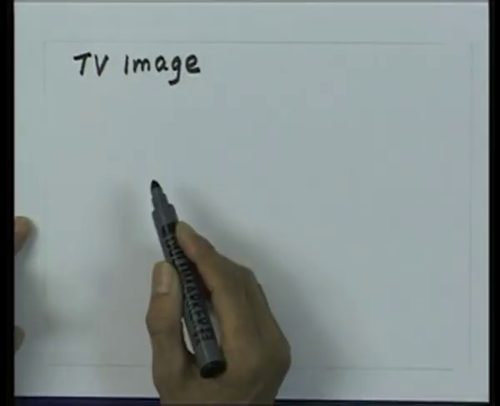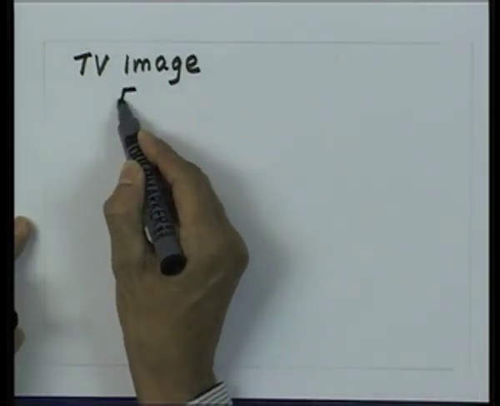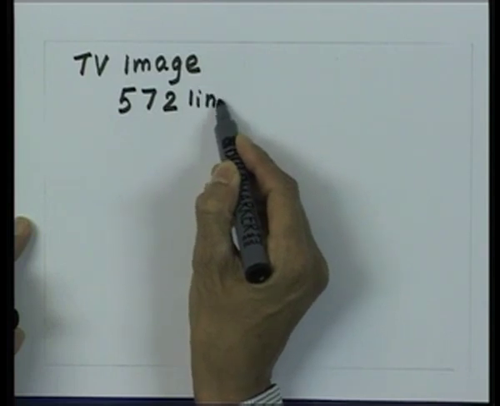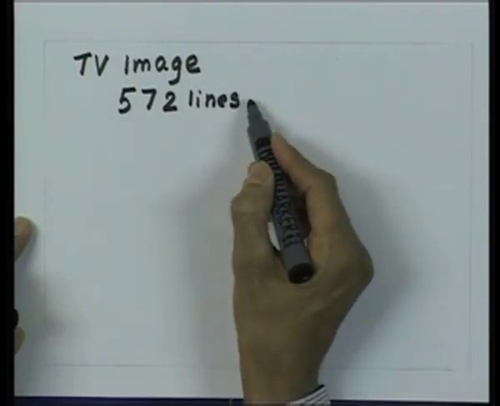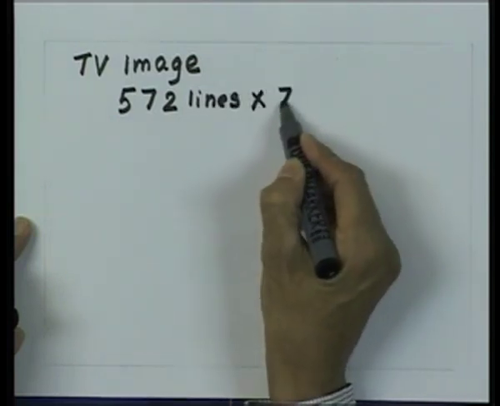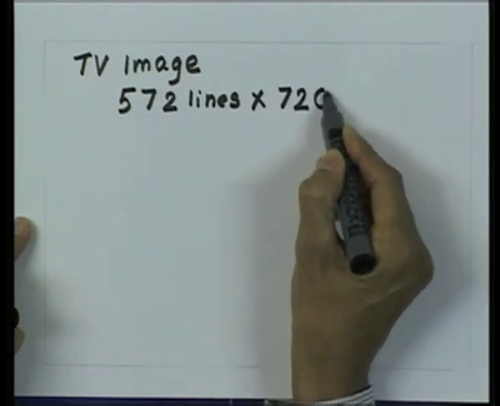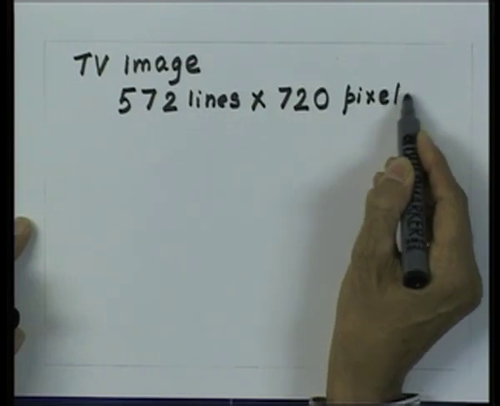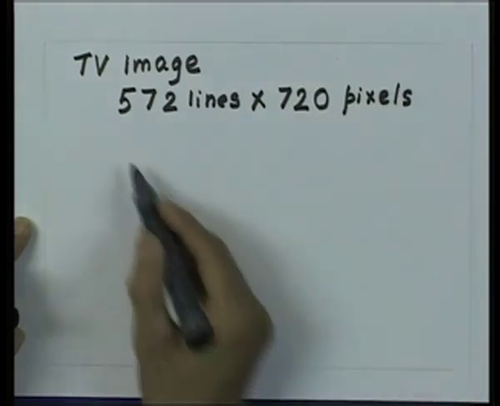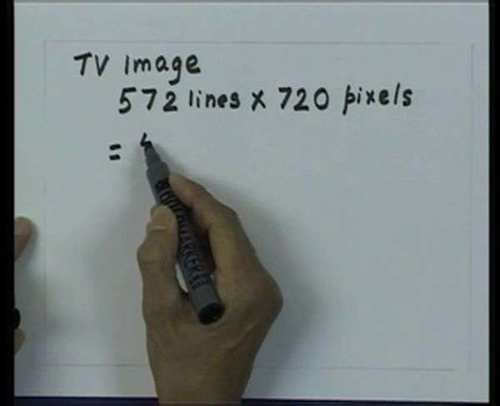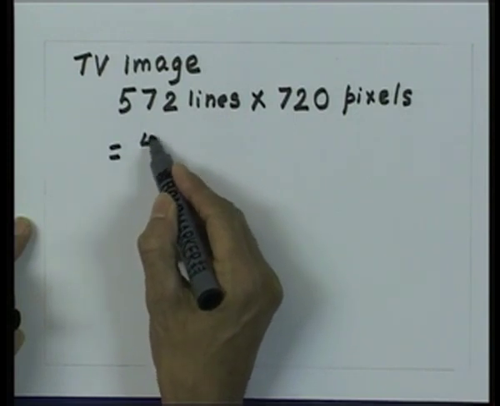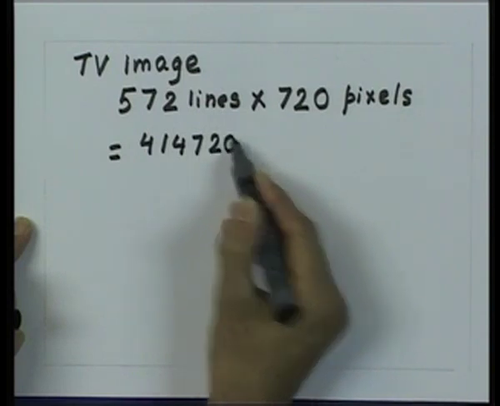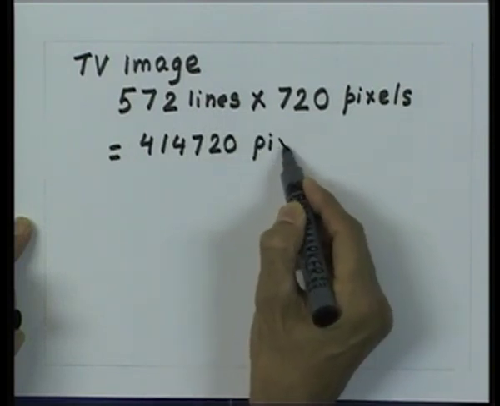Let me assume that each TV image consists of 572 lines and each line consists of 720 pixels, that is picture elements. So, one TV image consists of 414,720 pixels.